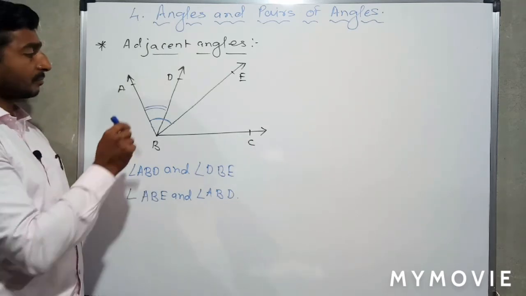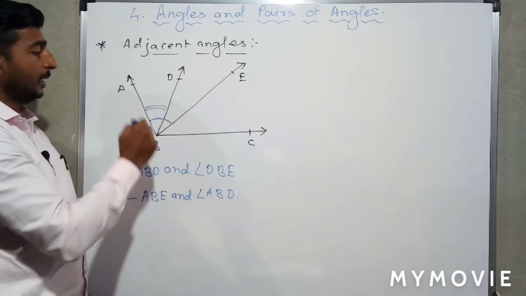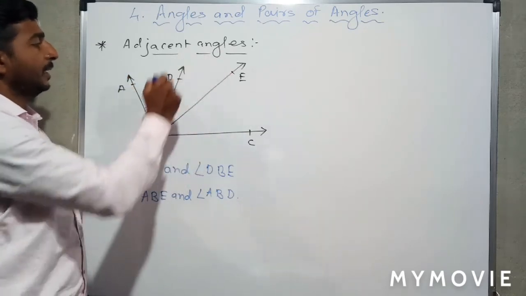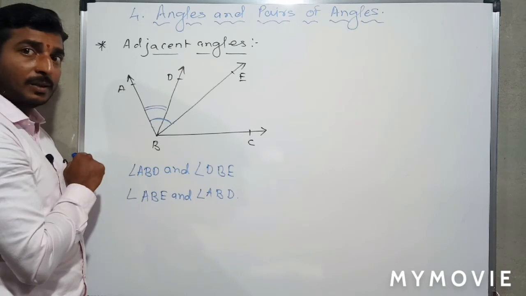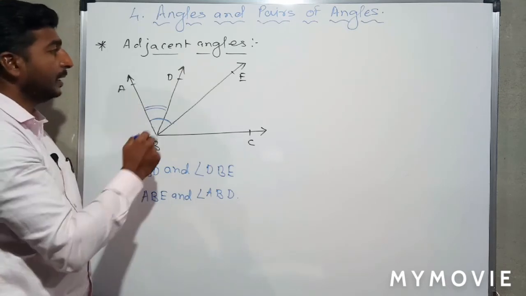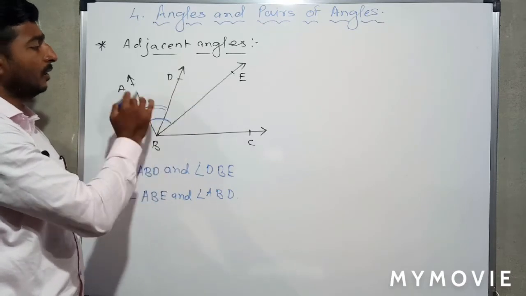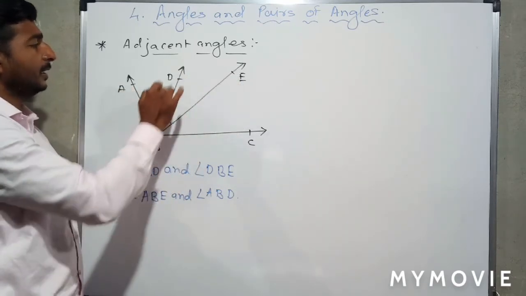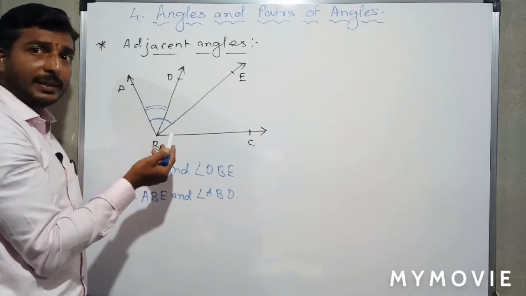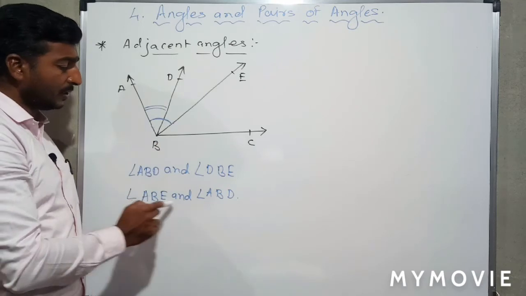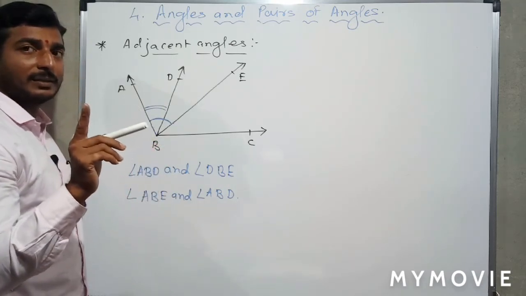These two angles have the common arm AB, and they have the common vertex. What about the interior? ABE has this interior, and within the interior of ABE lies the interior of ABD. That means they don't have separate interiors. So we can say that these two angles are not adjacent angles. Do you understand this point?